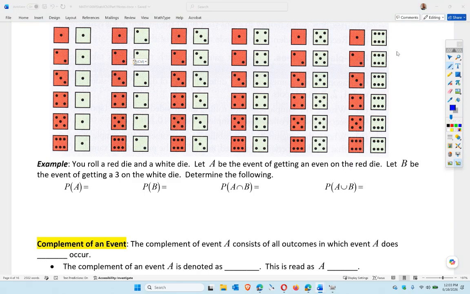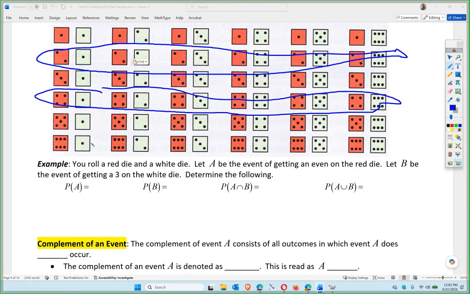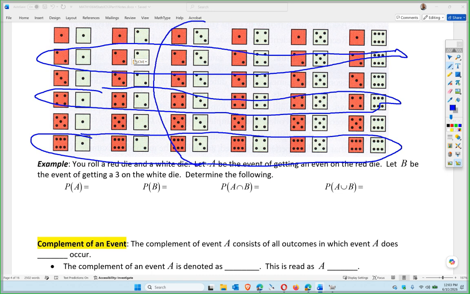So even on the red die is this one, the 2, the 4, and the 6, right? And then getting a 3 on the white die is this one right here, right? 3 on the white die. So either way, this is out of 36, out of 36, right? Out of 36, and out of 36, correct?